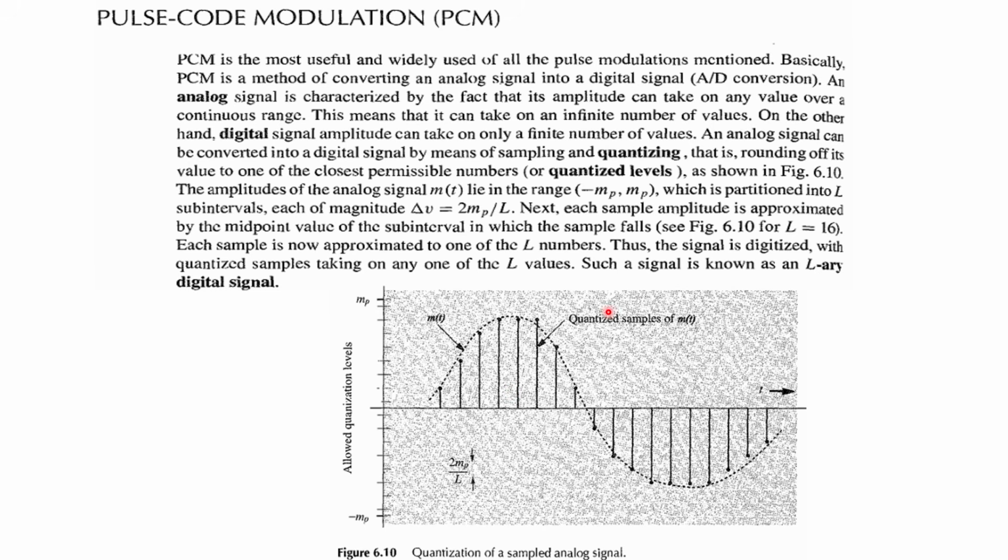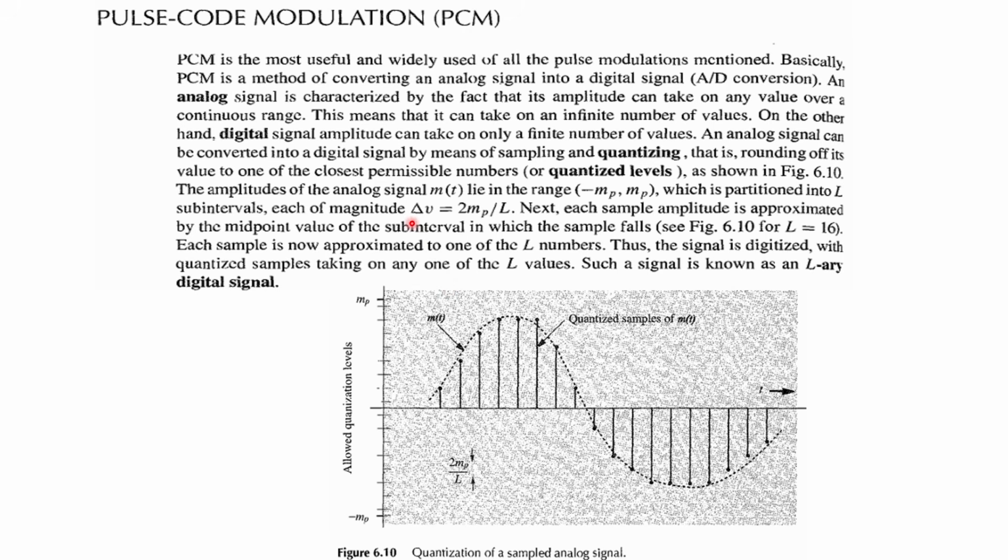So here we will see how we can find the quantization noise. If you are quantizing the y-axis, that is the amplitude, it means you are approximating the values of the y-axis as well. So what will be the level interval, that is the step size?